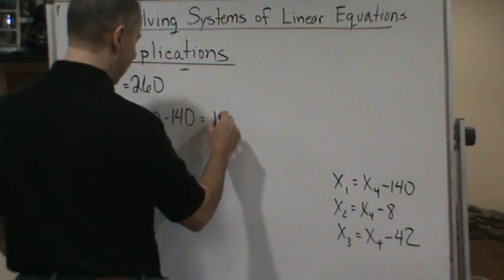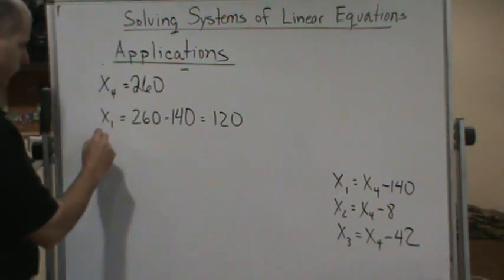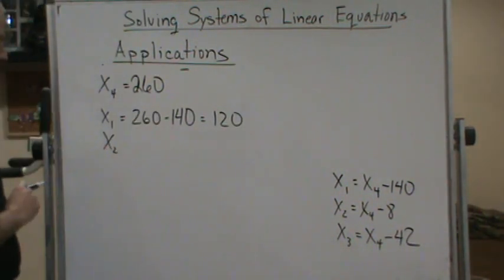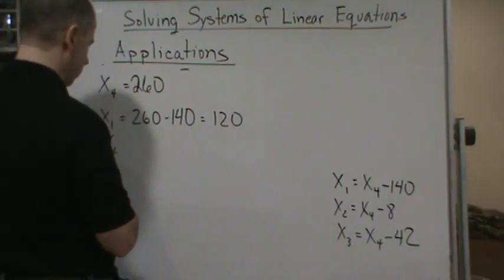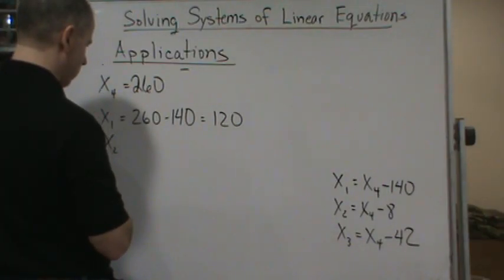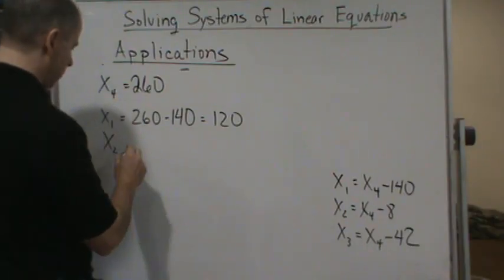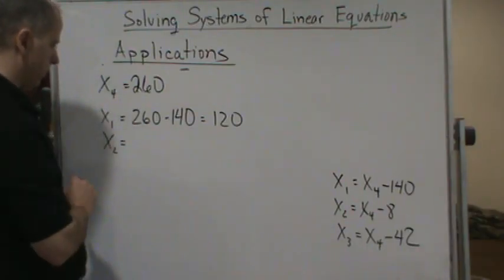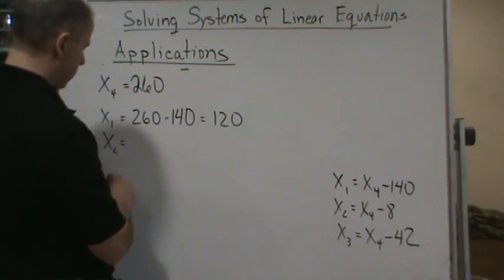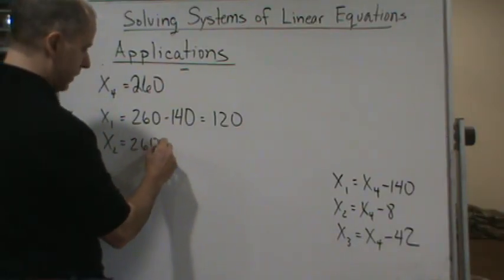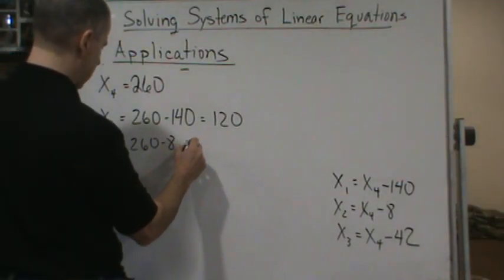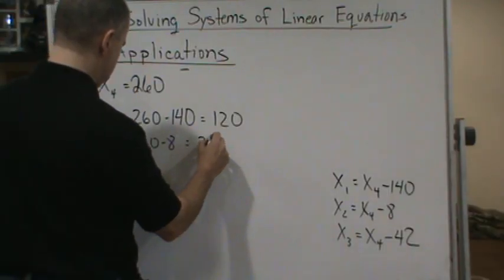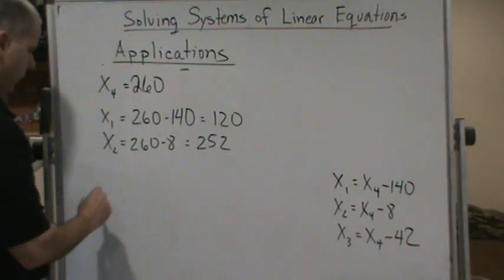Which would be 120. And then the flow rate X2, which is between intersections B and C, is equal to 260 minus 8, which is going to be 252.